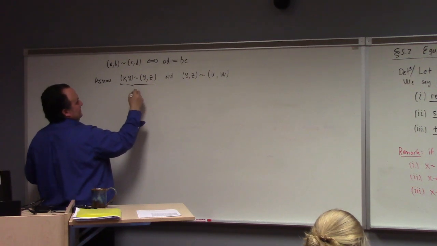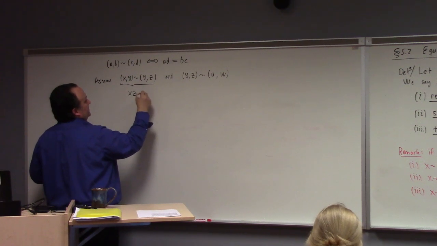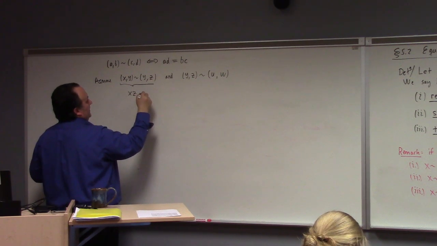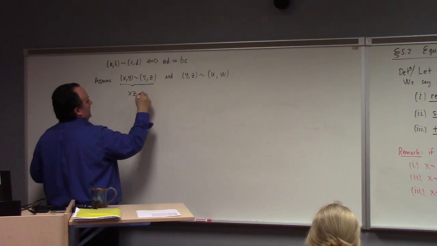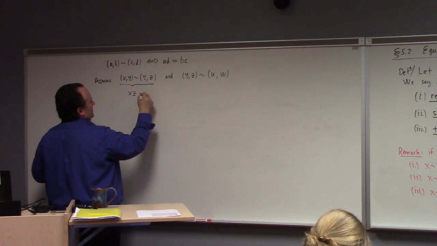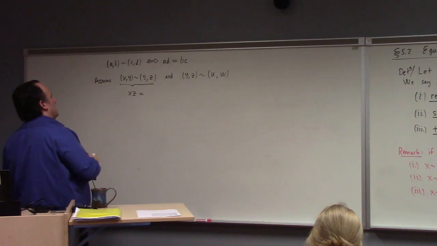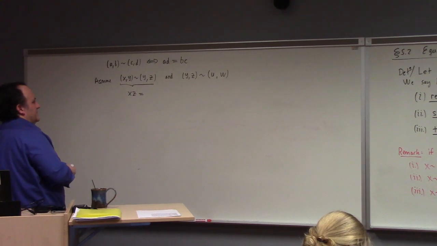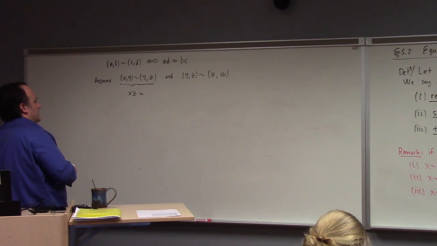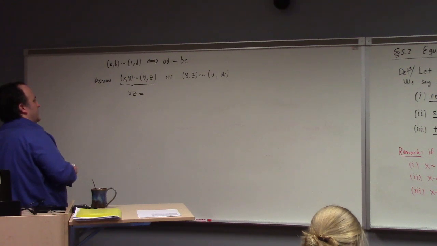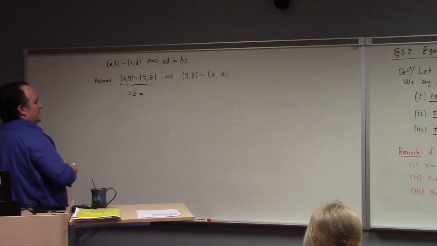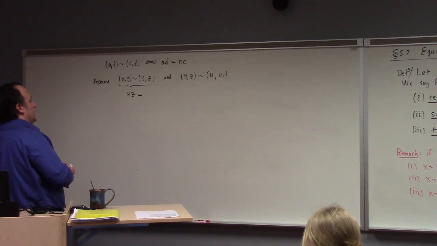So this tells me what? This tells us that X times Z is equal to... wait, what? I'm sorry, guys. I can't put the same letter in both of those. What's wrong with me? Good night. I was like, Y squared.